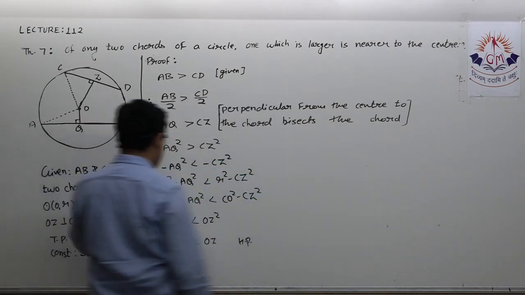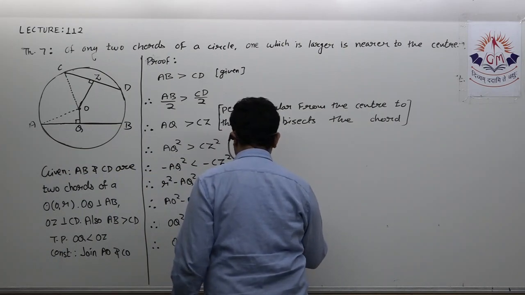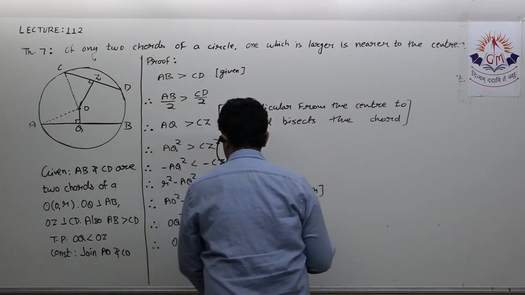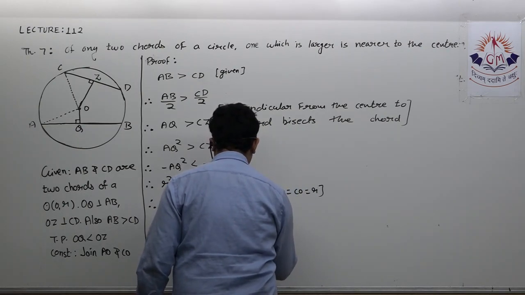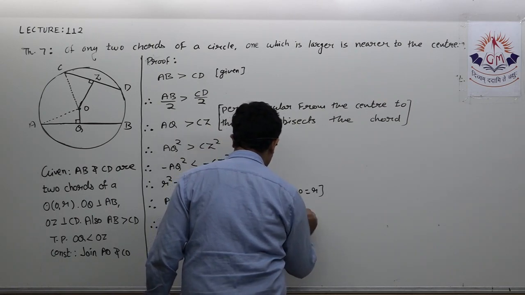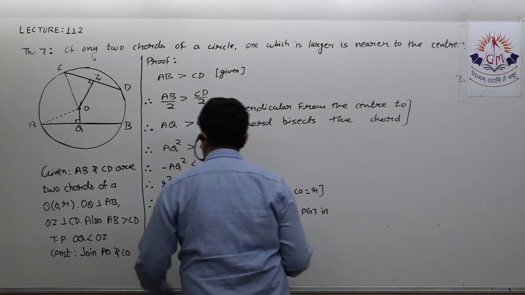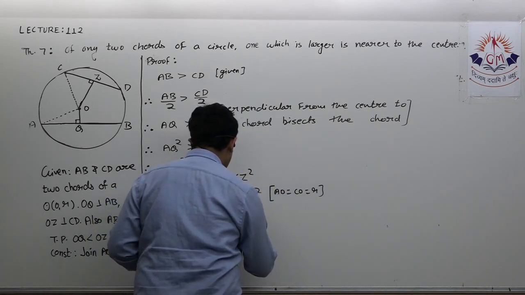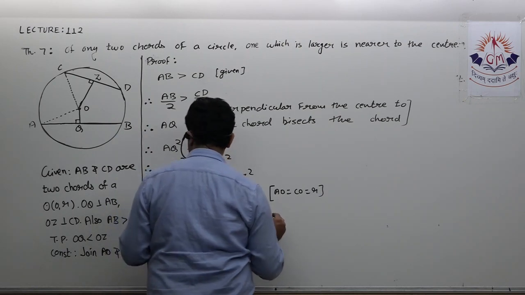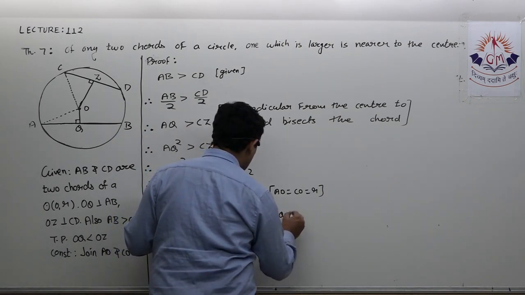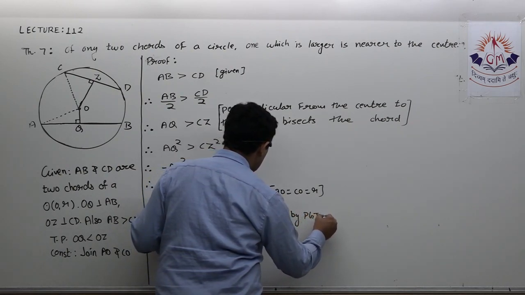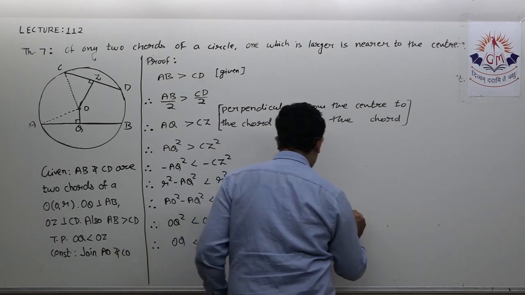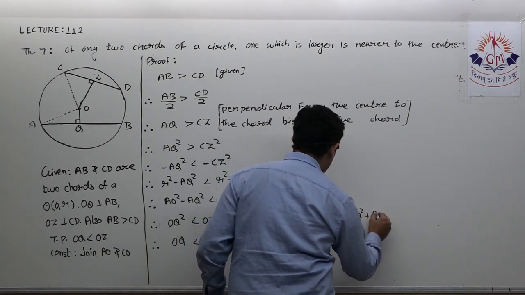Here a small reason is required: I can write AO is equal to CO is equal to R. Or if you want to write in a descriptive way, in triangle AOQ, by Pythagoras theorem I can write AO square is equal to OQ square plus AQ square.